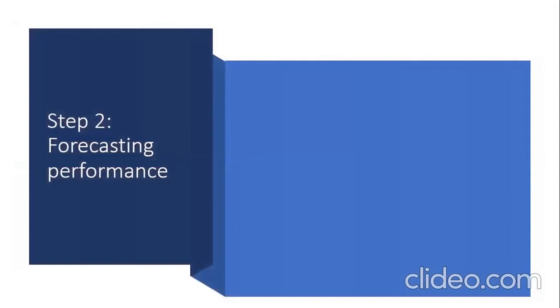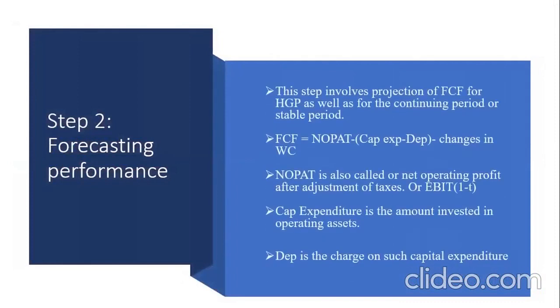Step 2 involves forecasting the performance. This step involves projection of cash flows for the higher growth period as well as for the continuing or stable growth period. As mentioned in the meaning of the two-stage growth model, it allows for two stages of growth: an initial period of higher growth, followed by a stable or lower growth period.